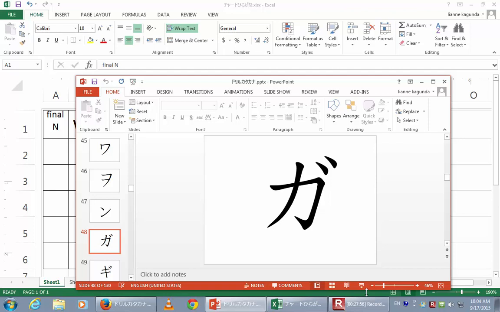Okay, and this one is T, as in TV, although they usually use terebi for a television. Well, it came from television, but then they shortened it to terebi. So terebi is the normal word for it.